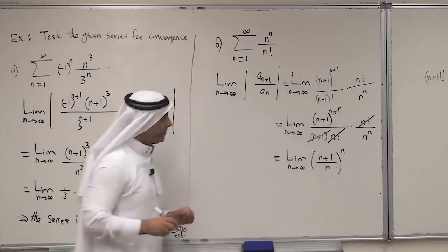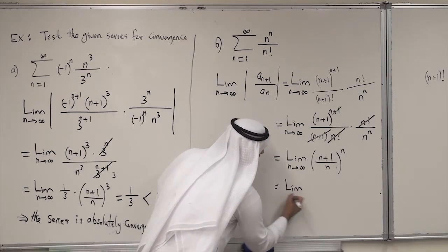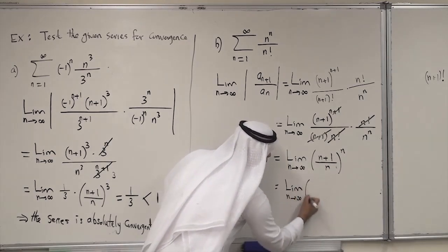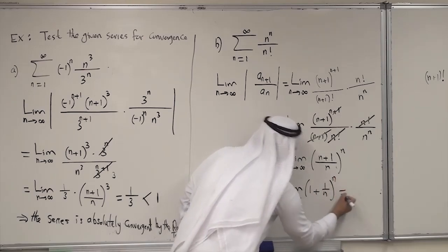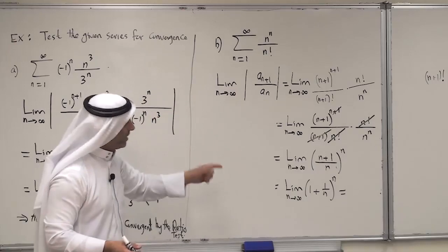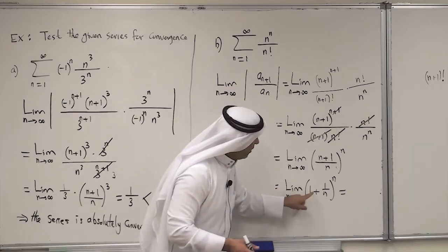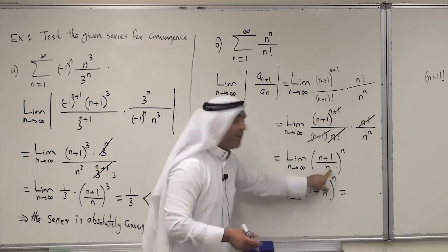What is this? You can see now this is equal to the limit as n goes to infinity of (1 plus 1 over n) to the power n, and this is something you know from calculus 1, the definition of e as a limit. It is one of the indeterminate forms from L'Hopital's rule: as n goes to infinity, this is 1 to the infinity.